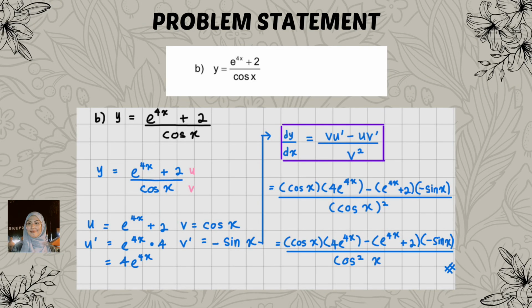The function for question B, y equal to e power of 4x plus 2 over cos x. In this question, we use the quotient rule formula and using the same steps as question A, fill in the formula and finally get the answer.